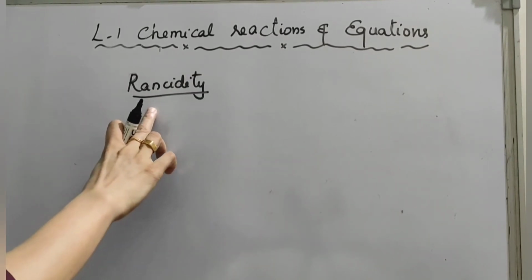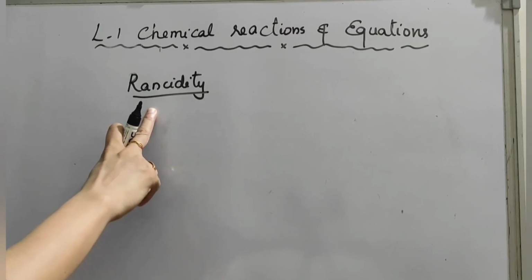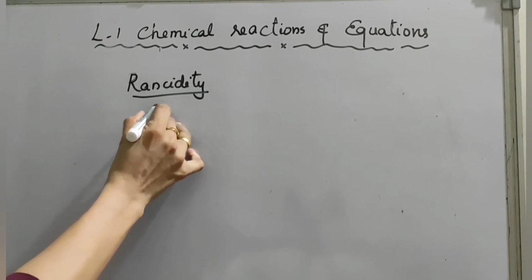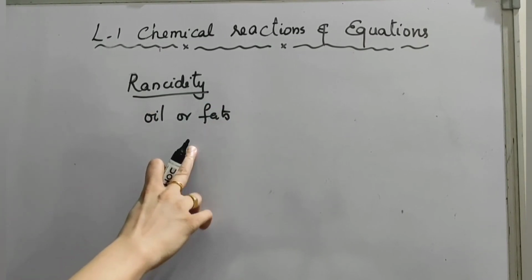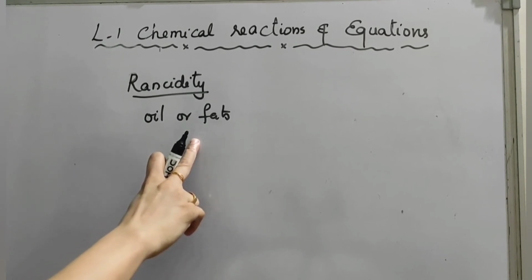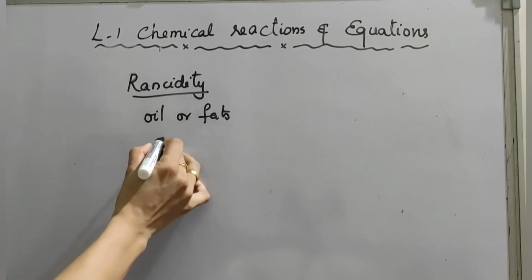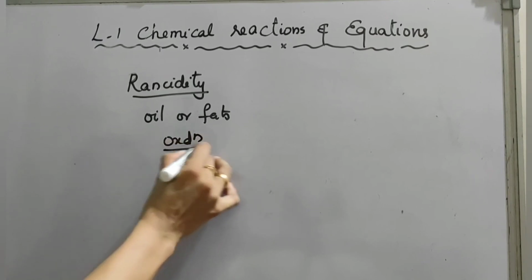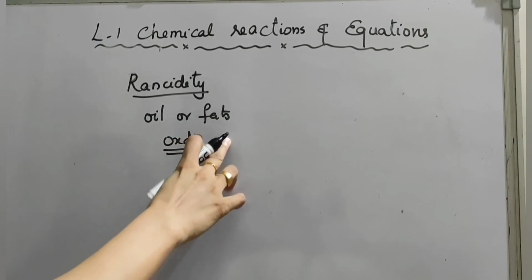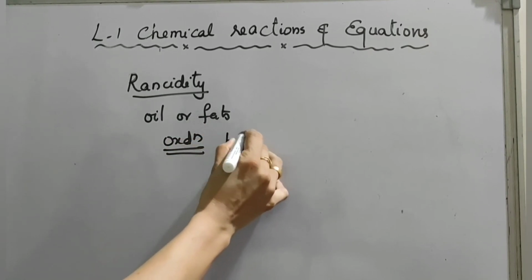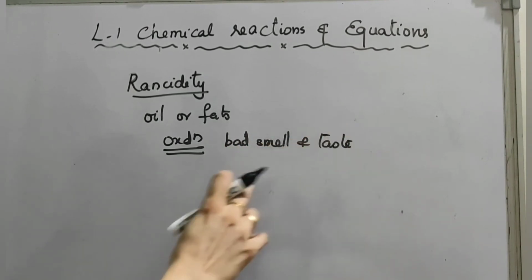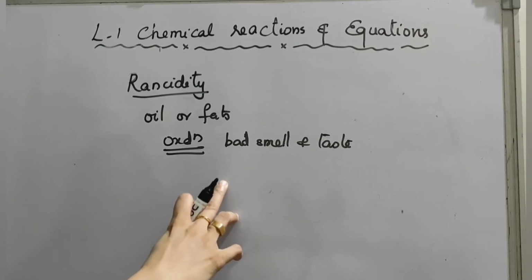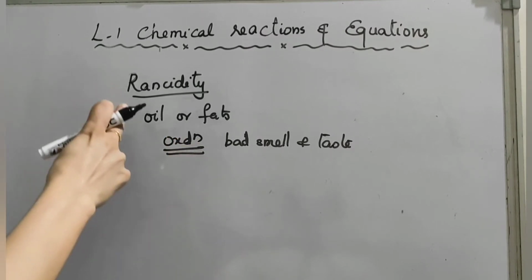Next one is rancidity. What is the meaning of rancidity? When a substance is made up of oils or fats, these oils or fats react with oxygen, that is oxidation happens, to form bad smell and taste. That is known as rancid, and this process is known as rancidity.